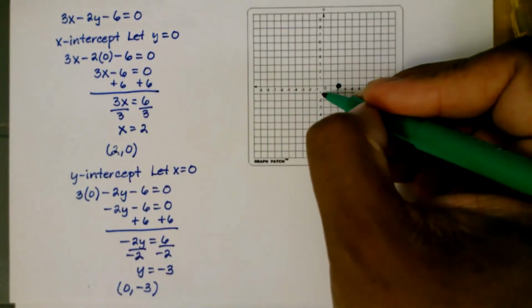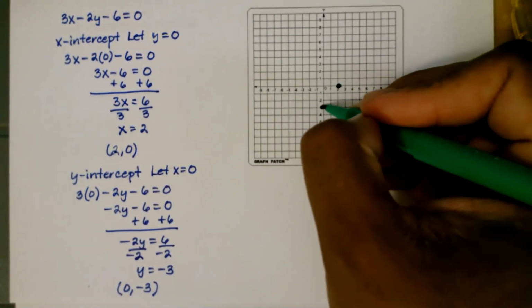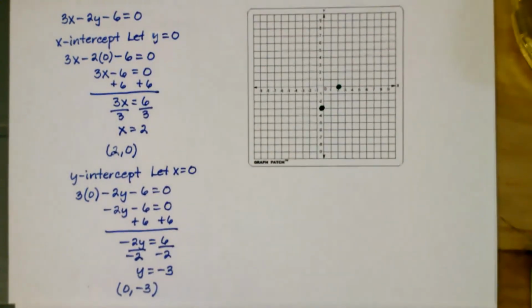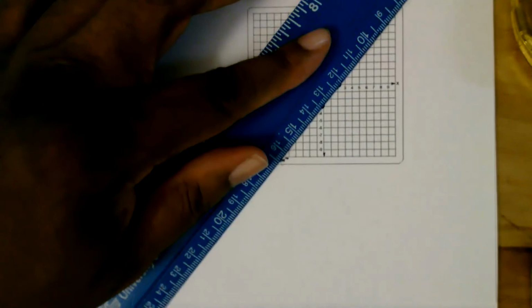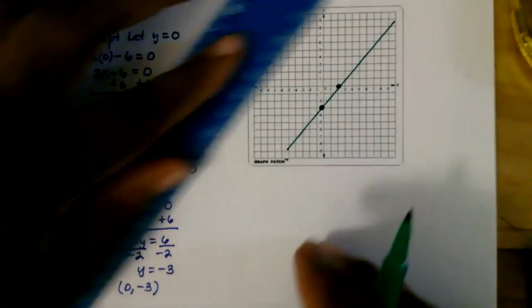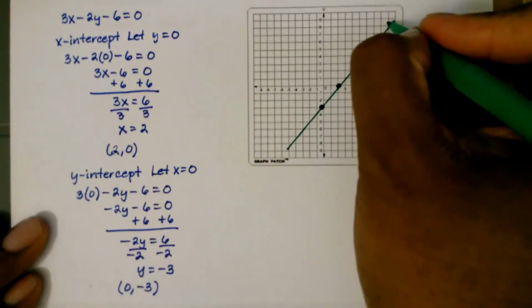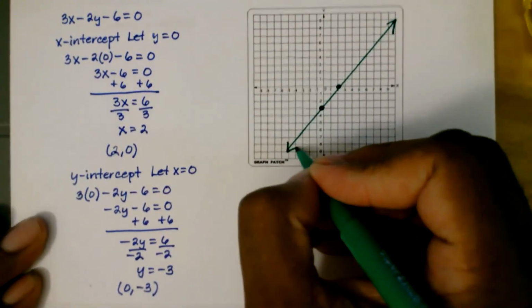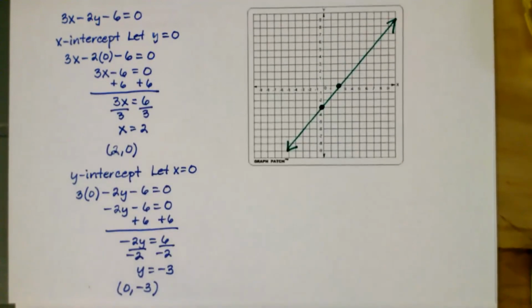So I stay at 0, but go down 1, 2, and 3 and draw that point. All right. Connect those 2 points. And this will be the graph of the line 3x minus 2y minus 6 equal to 0.